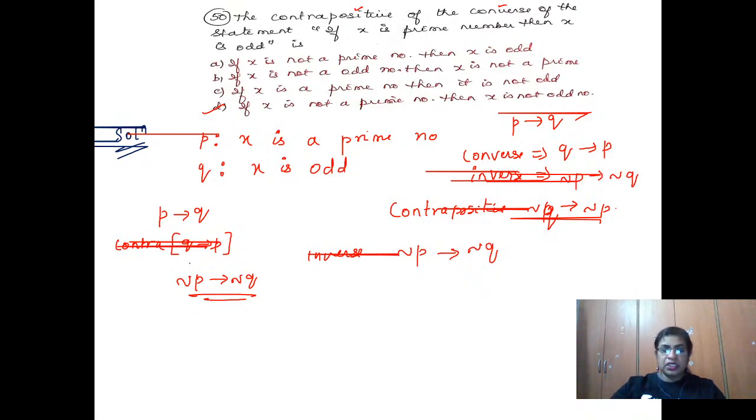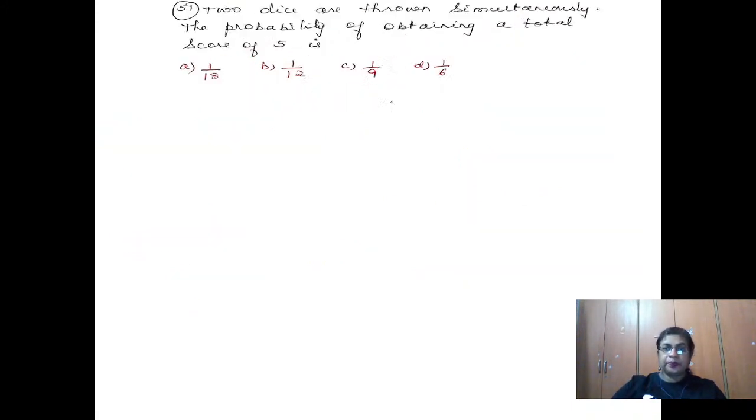Understand the next question clearly. Here it is given that two dice are thrown simultaneously. Whenever there are two dice, what comes to mind?